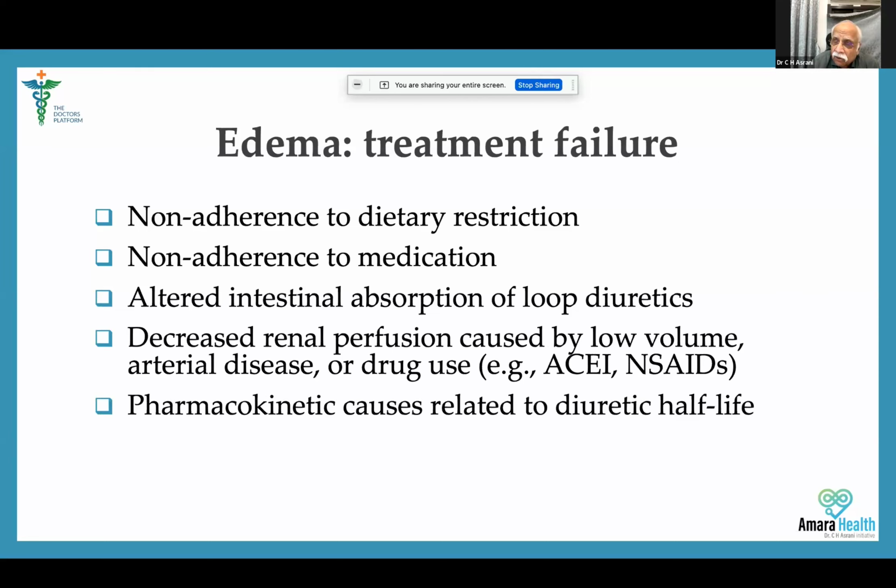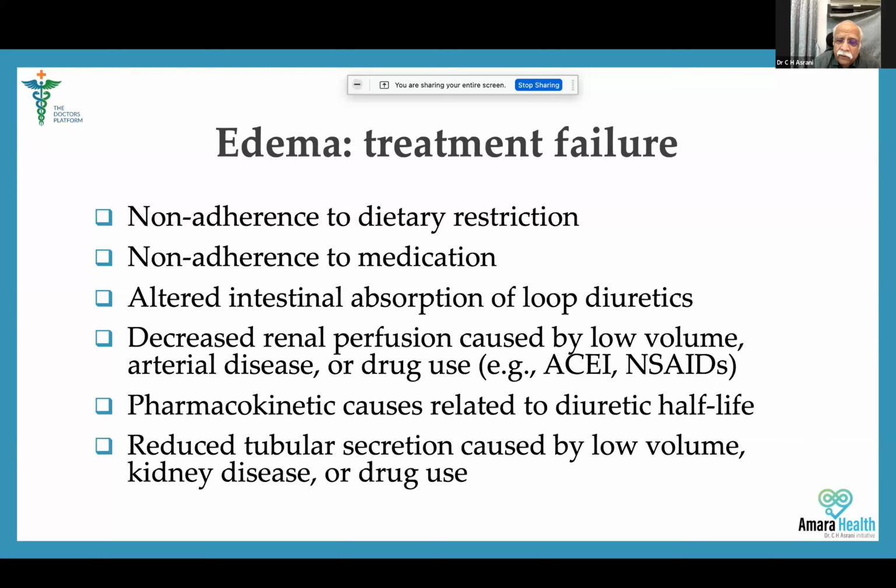Pharmacokinetic causes: the diuretic half-life gets reduced, and reduced tubular secretion caused by kidney disease or drug use. So if the patient is taking medicine sincerely, following dietary restriction, and edema is not going, it is time to refer.